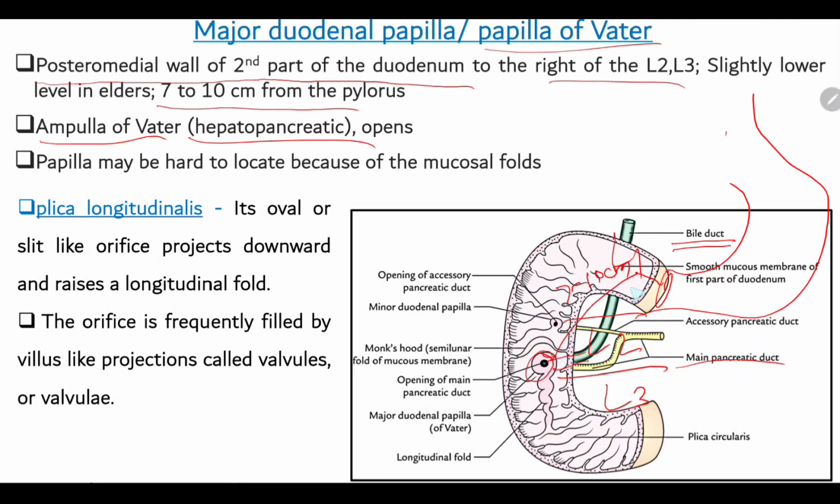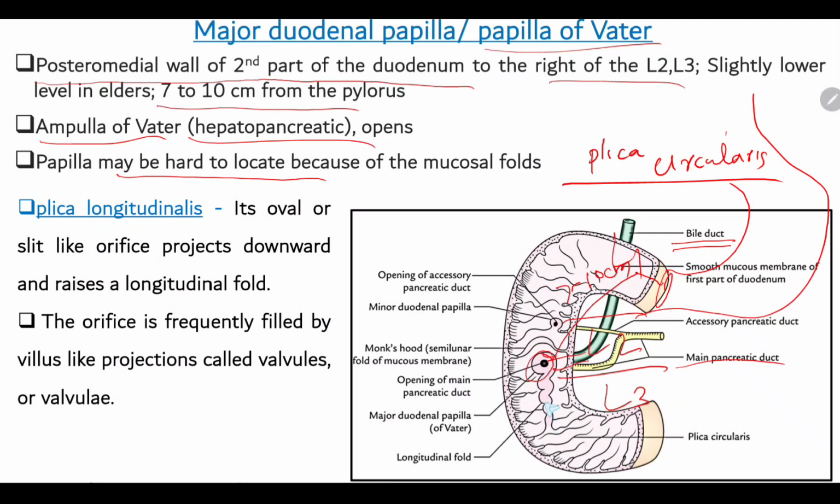Except for the first part of the duodenum, the mucosa of the duodenum has circular mucosal folds. These circular mucosal folds are known as plicae circulares. Because of these plicae circulares, this major duodenal papilla may be hard to locate. From this major duodenal papilla, a longitudinal fold arises which goes downwards.